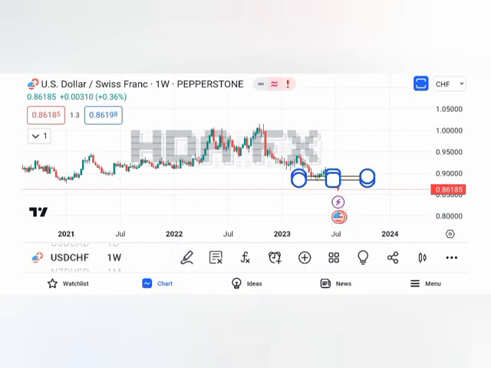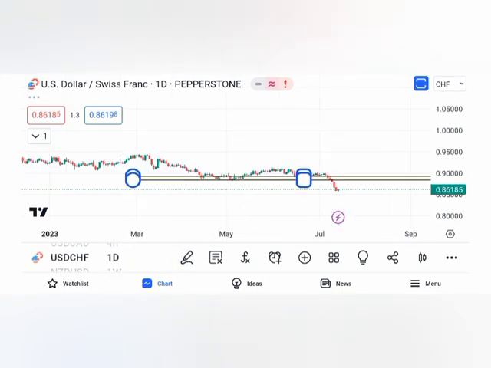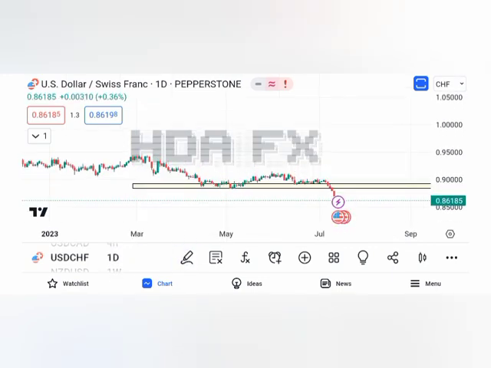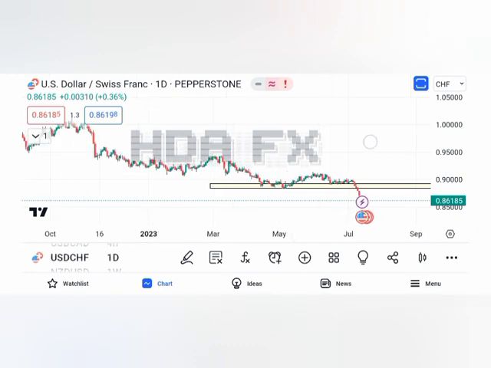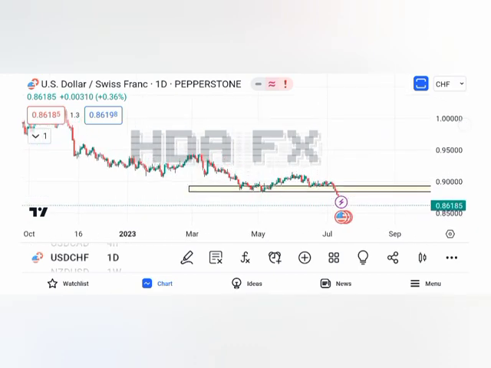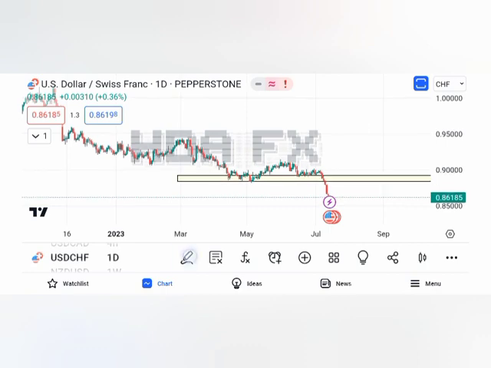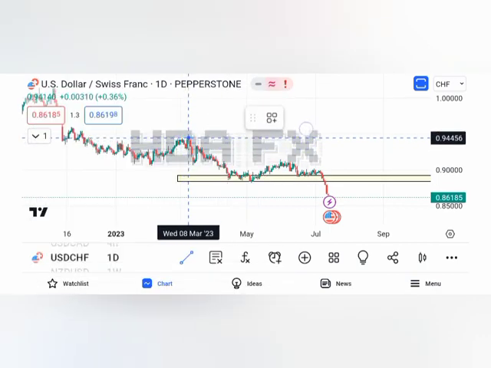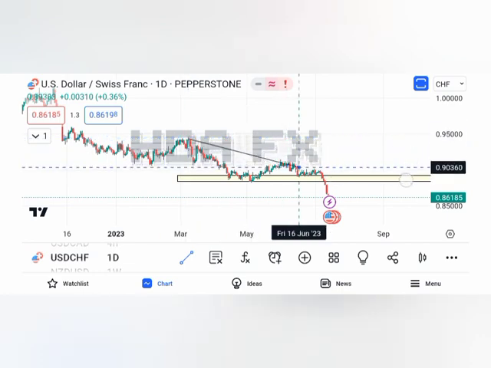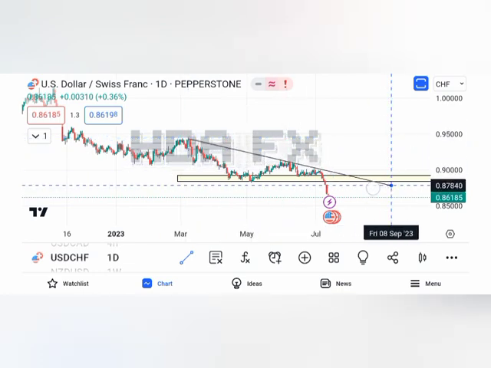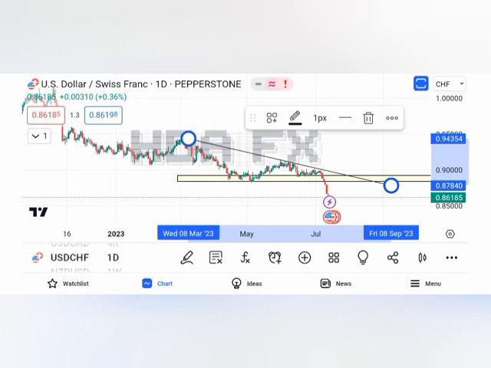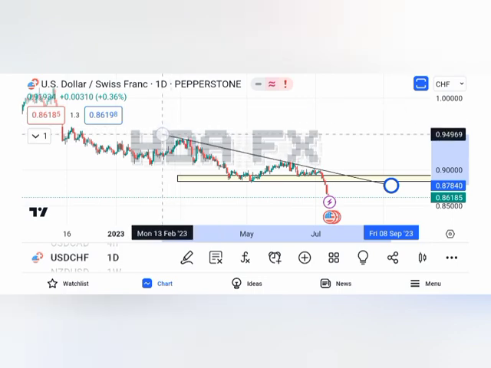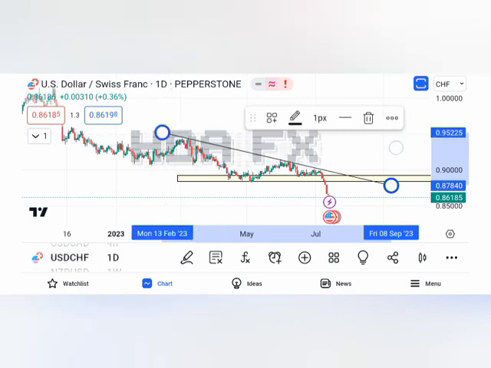So now let's move to the daily time frame and see what we have there also. It seems we have nothing here. Let me say that we can spot a trend line here. So we have this trend line here also.